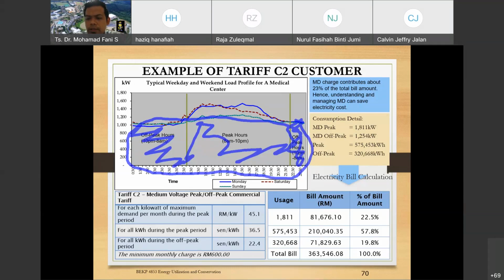Sum up the energy consumption for peak and off-peak, so you can get the total energy consumption. How much? 900-something, 900,000 kilowatt hour something. Please calculate.